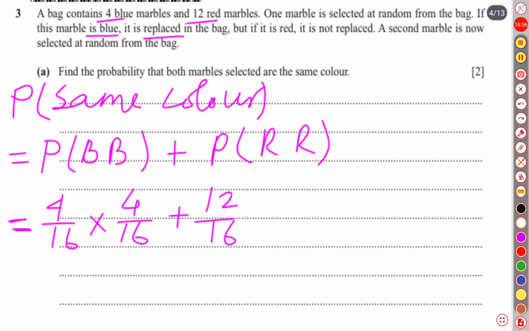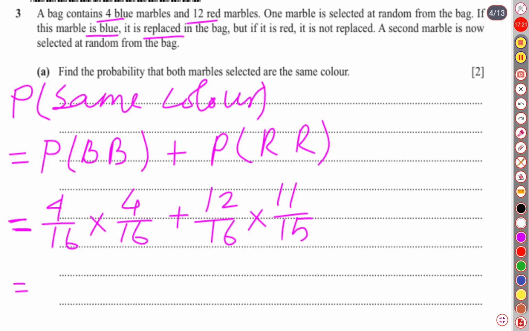And for the second one, remember, if one red marble is picked up, then it is not replaced. So one red marble has been decreased, so there are only 11 red marbles out of not 16. There are only 15 marbles, because already one has been taken away and red has not been replaced, so it is decreased every time.